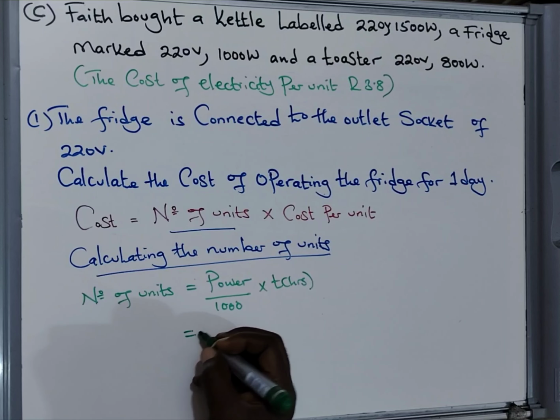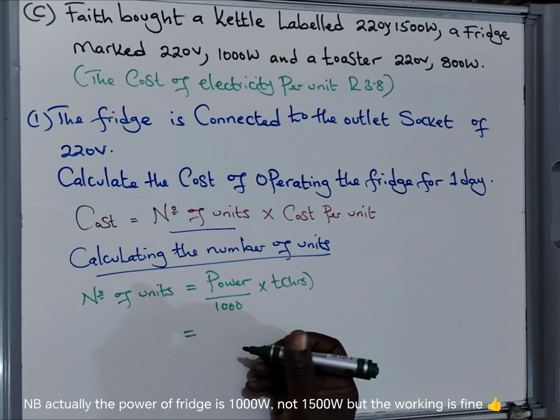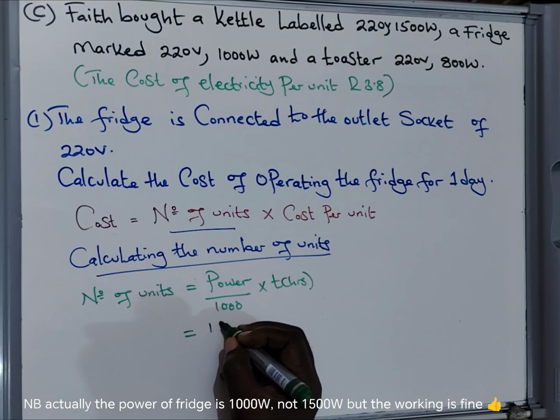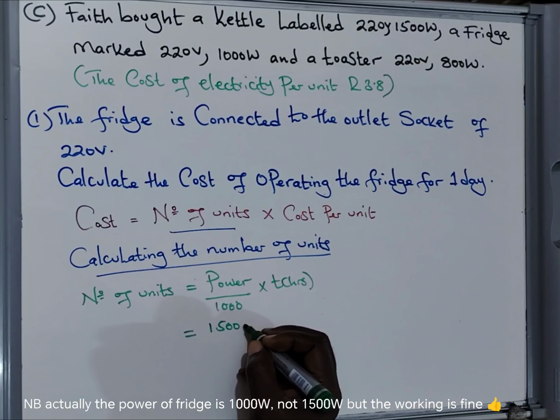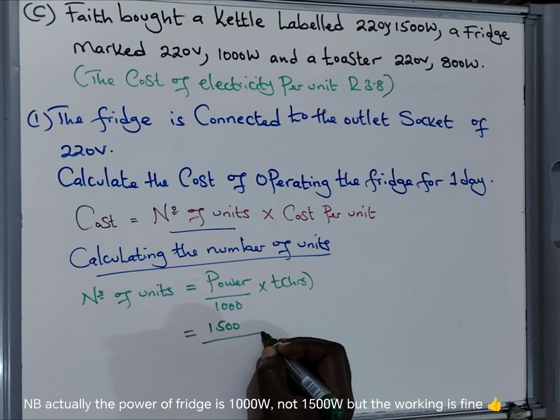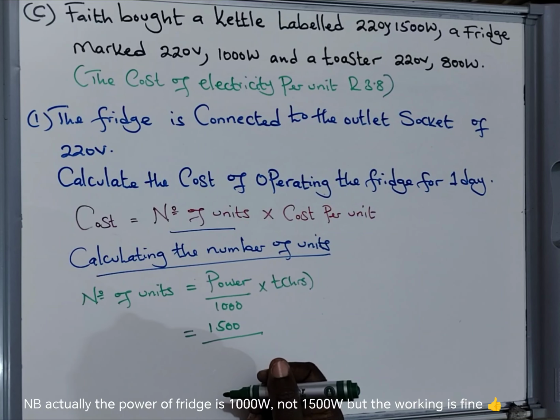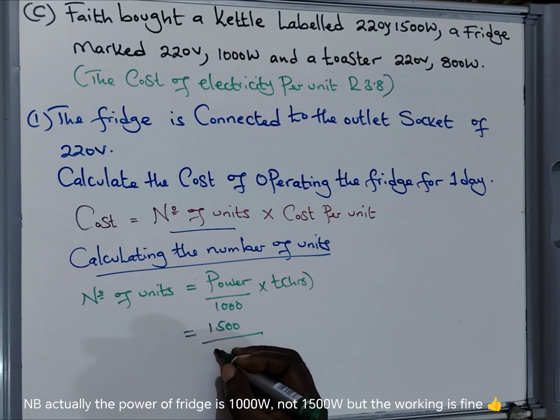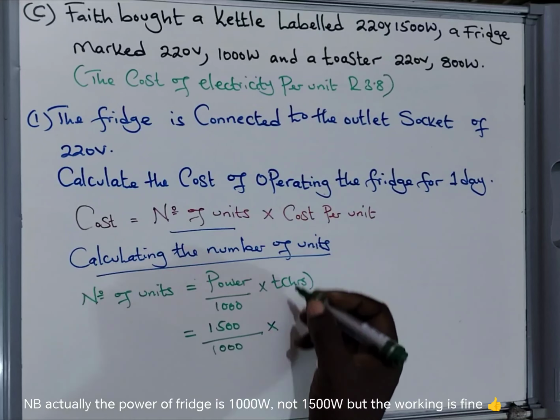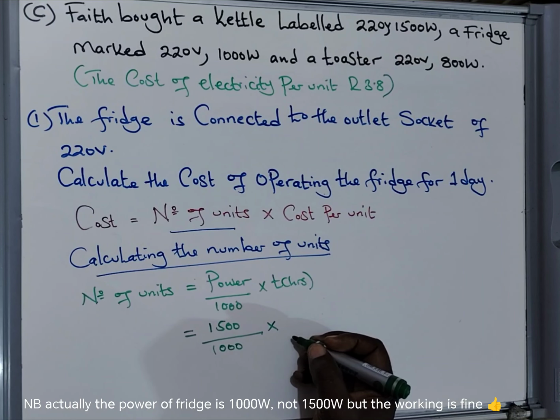Okay, so what's the power? The power of the fridge is 1500 watts, divided by 1000, then times time, and the time must be in hours.